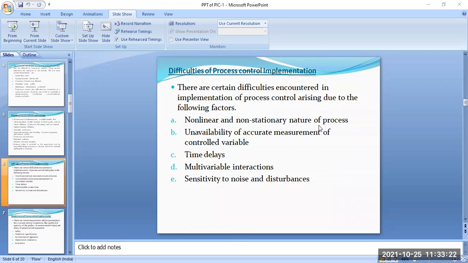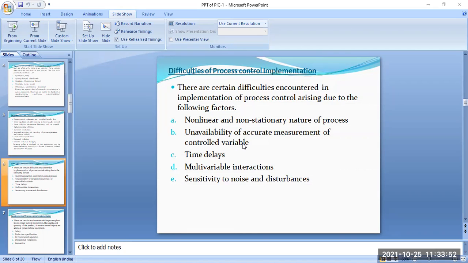Number two, unavailability of accurate measurement of controlled variable. Okay, control variable means we have to control different types of control parameters. That means you have to control the flow, the temperature, the level, the acceleration, speed, dimension, etc. So in these parameters, unavailability of accurate measurement of the controlled variable is another important difficulty.